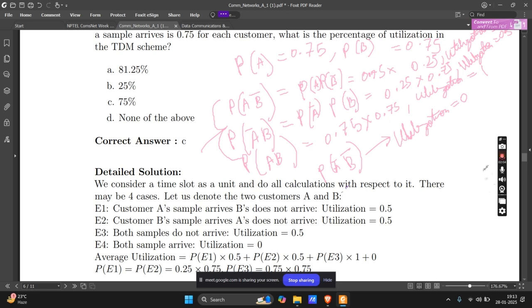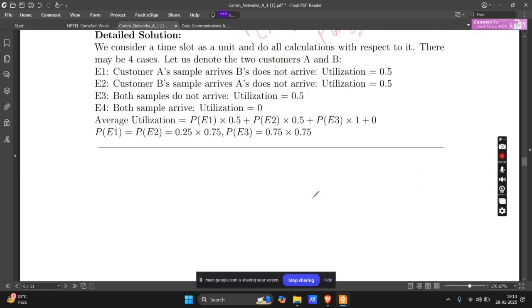So total utilization is equal to 0.75 into 0.25 into 0.5. This is one term. Another is just the opposite, 0.25 into 0.75 into 0.5.